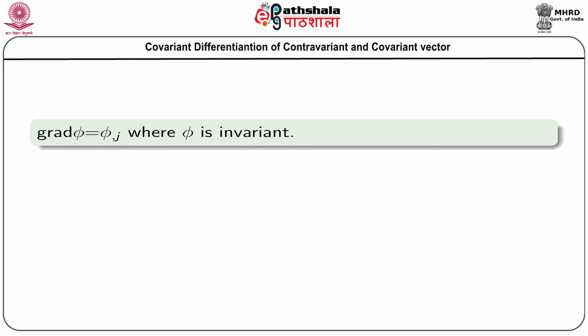Now, grad phi is denoted by phi_{,j} when phi is an invariant.